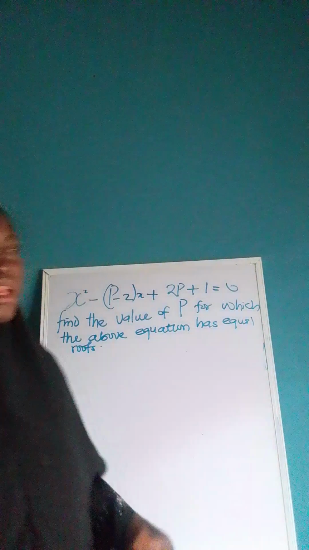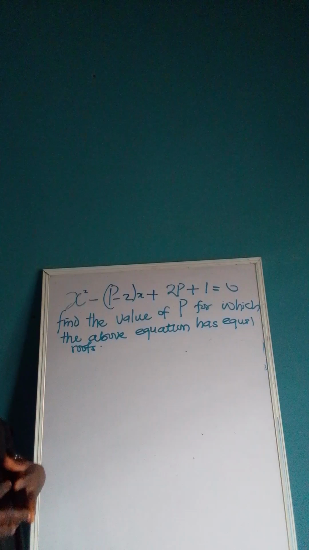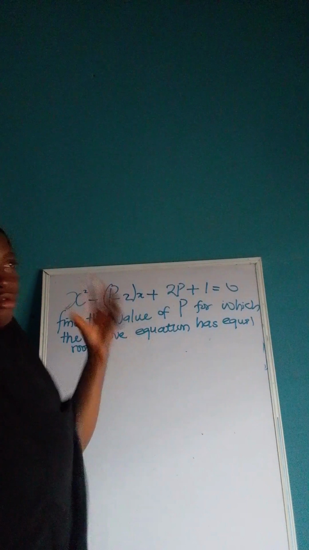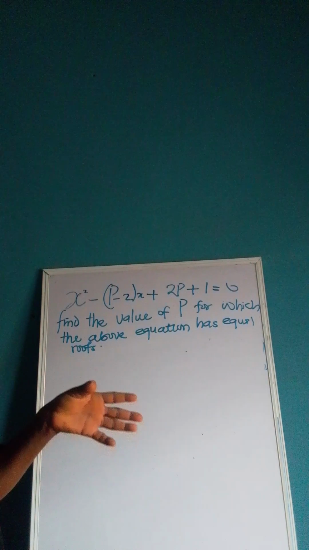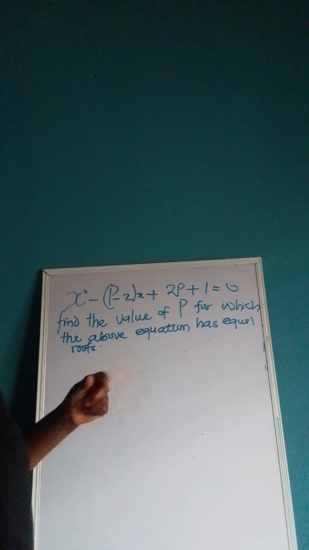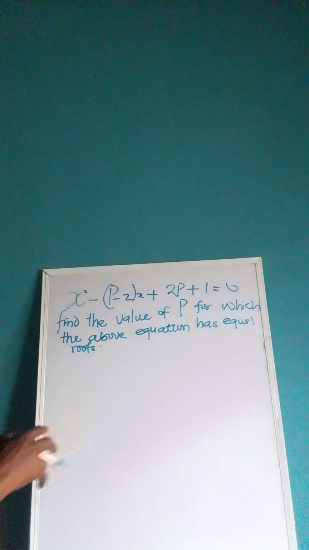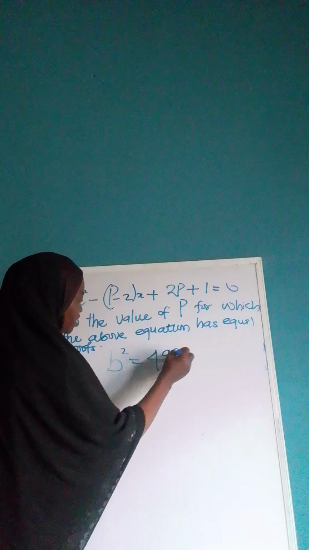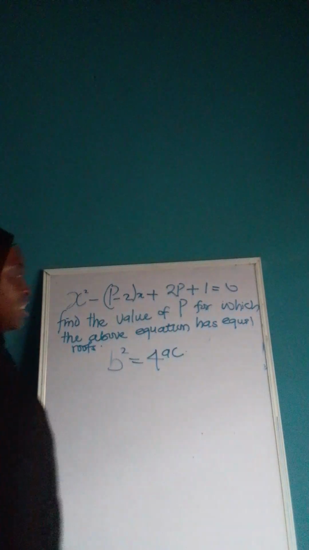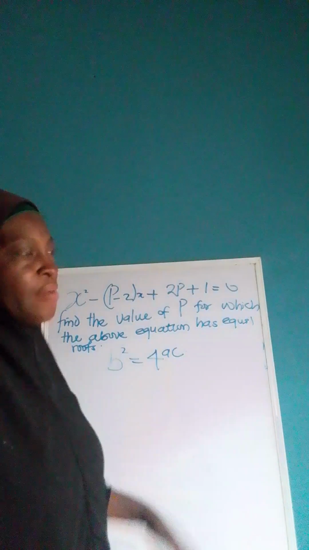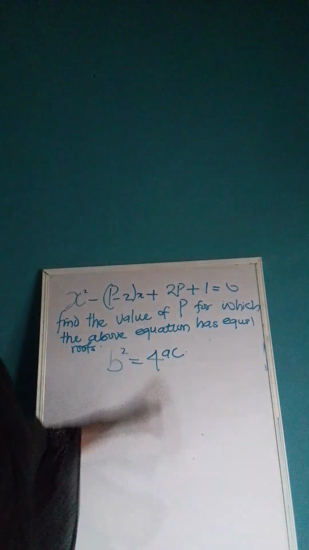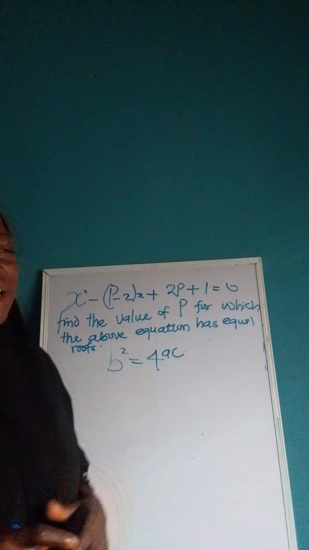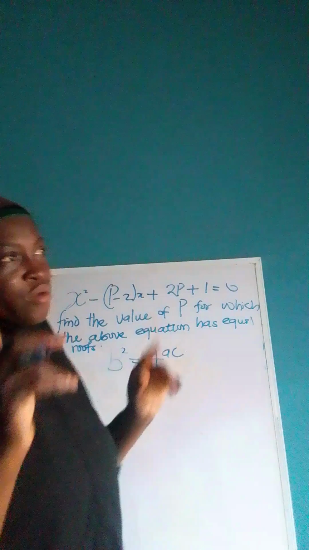When the roots of a quadratic equation are equal, we use the almighty formula, where b squared equals 4ac. When b squared equals 4ac, the quadratic equation that is meant to have two roots now has only one root.